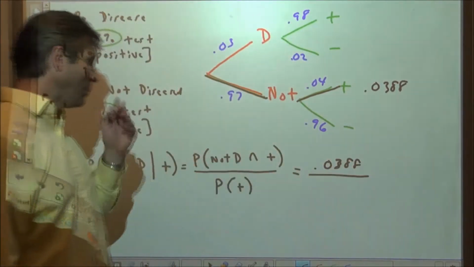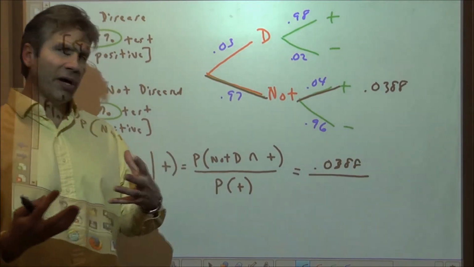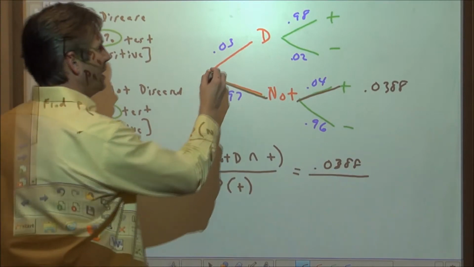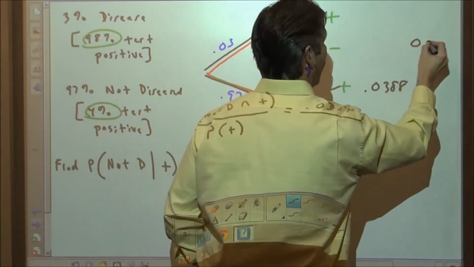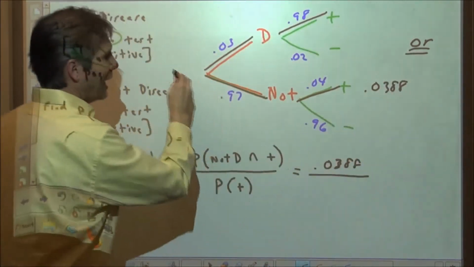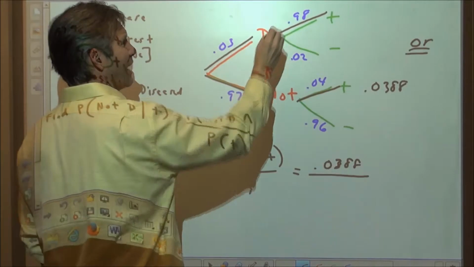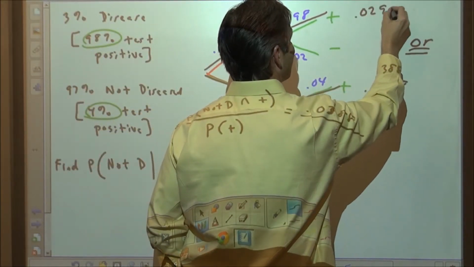We're going to divide that by the probability that somebody tests positive. And again, we can rephrase using the words "and" and "or." Where do people test positive? They can have the disease and test positive, or they cannot have the disease and test positive. So if we multiply these together, we get 0.0294.